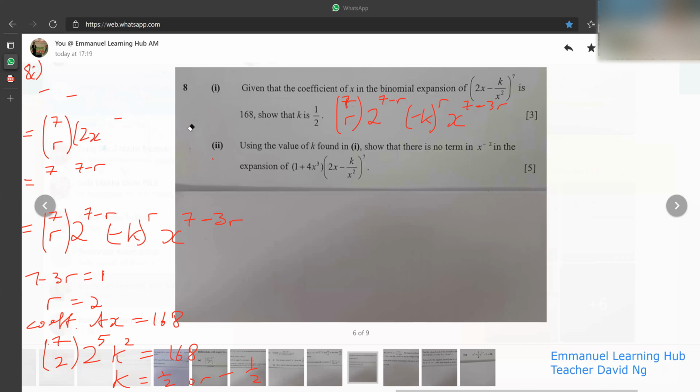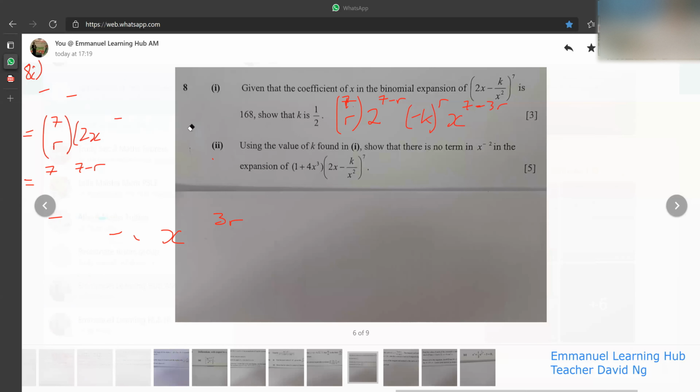Using the value of k found in part 1, show that there's no term in x power negative 2 in the expression of this: 1 plus 4 x cubed, times 2x minus k over x squared, power 7.